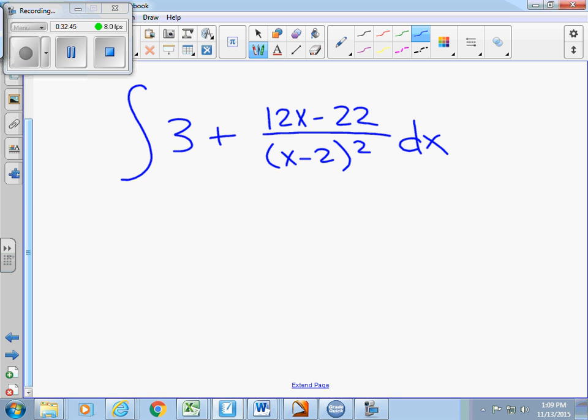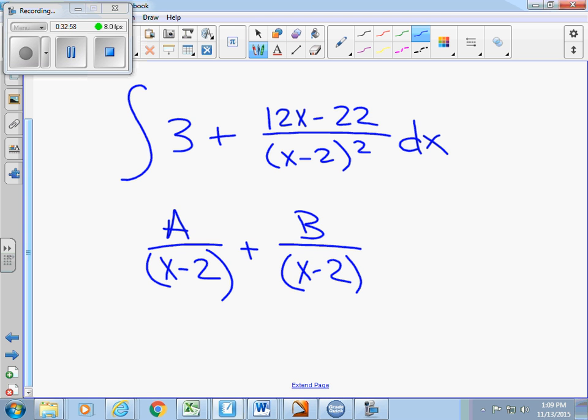If you have a denominator with a repeating linear factor, the way you set that up using partial fractions is you make your second piece have the denominator of x minus 2 squared already.